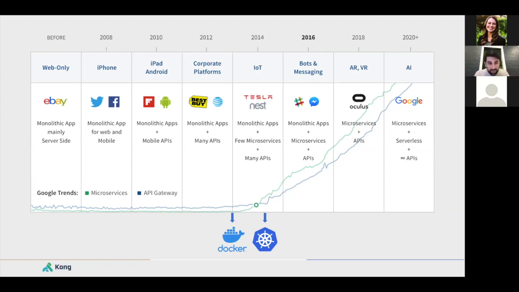This market transition was triggered by a few technologies like Docker in 2013 and Kubernetes in 2014. Docker and Kubernetes changed the industry in a significant way. The industry itself was going away from those large monolithic code bases that are hard to deploy, hard to scale, and hard to iterate on as the teams get bigger and bigger.